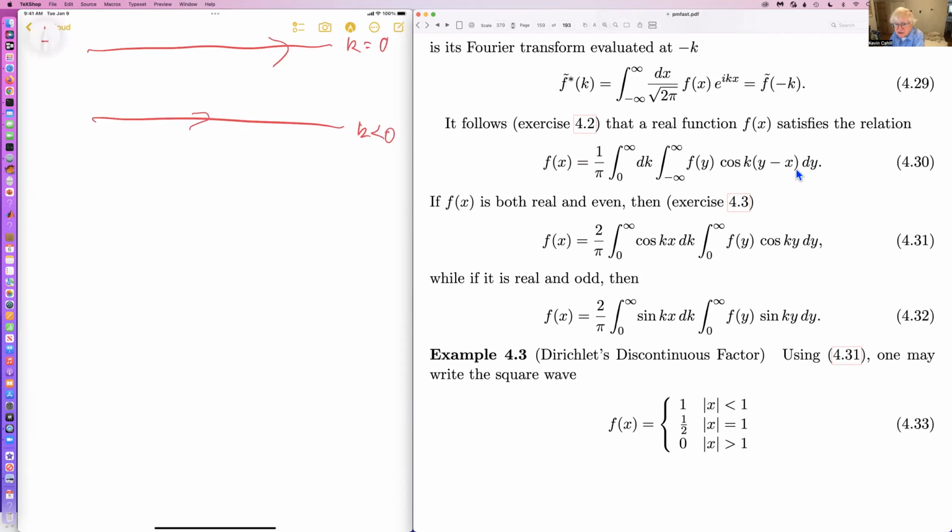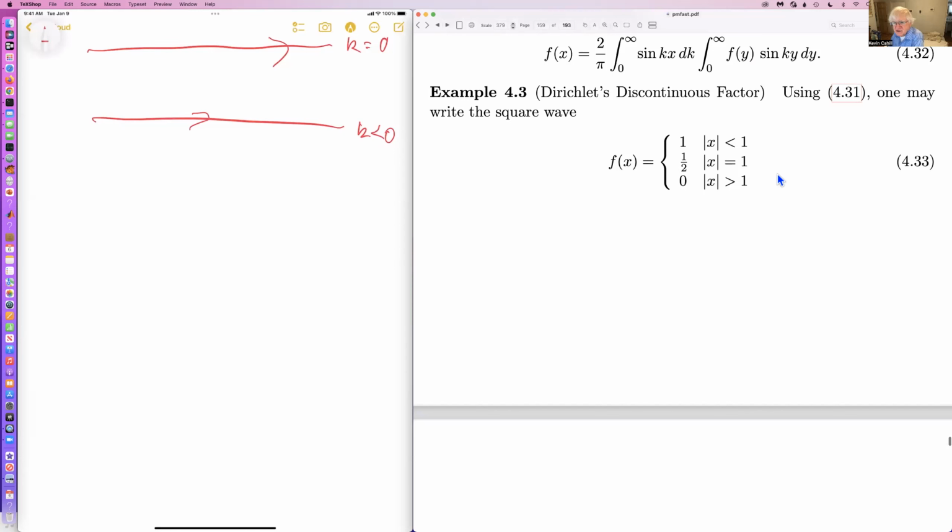And consequently, you can see that if you have a real function, you can write it in terms of cosines and sines like that. And now, Dirichlet introduced his square wave. It's sort of the opposite of the theta function. Oh, I'm sorry, this is Dirichlet's function, and this is where this is 0.